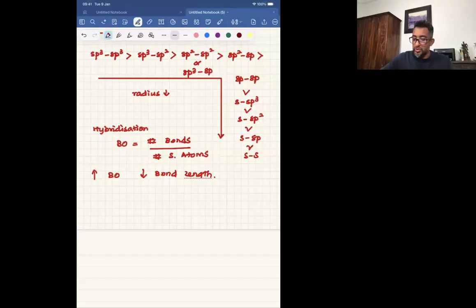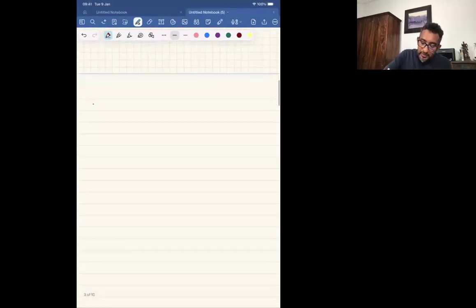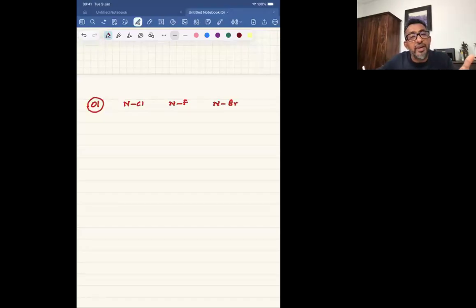Right. So let us look at the first example. Let's try to understand how this is going to work. Question number 1 comes with this: NCl, NF, and NBr. Right. So these are all different atoms.